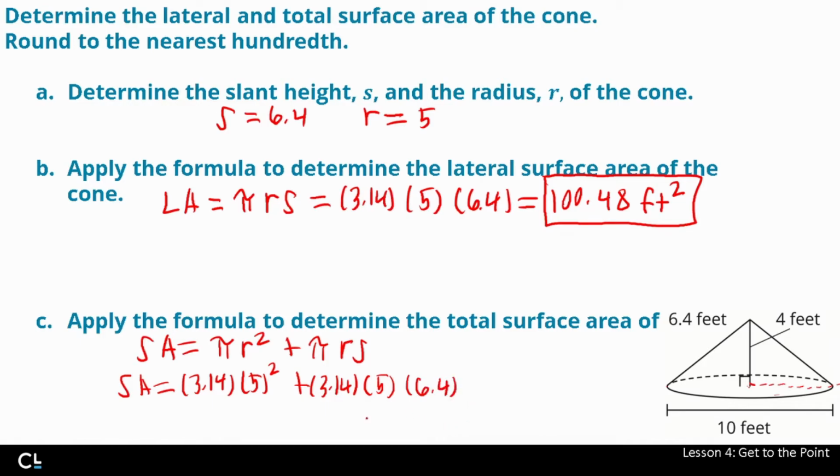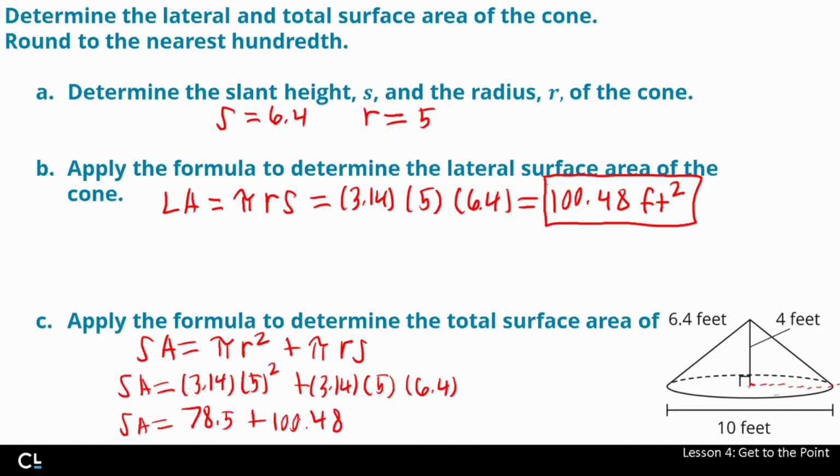So the surface area is going to be what? We have to multiply this part. So 3.14 times 5 squared, which is going to give me 78.5. We already know what the second section is going to be because it's our answer right above this. We get 78.5 plus 100.48.